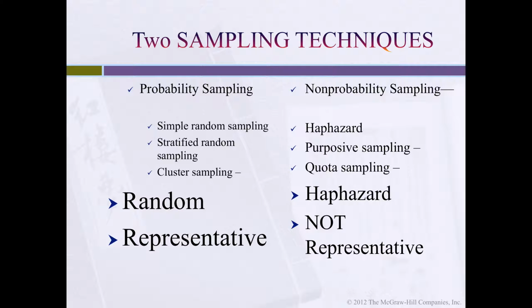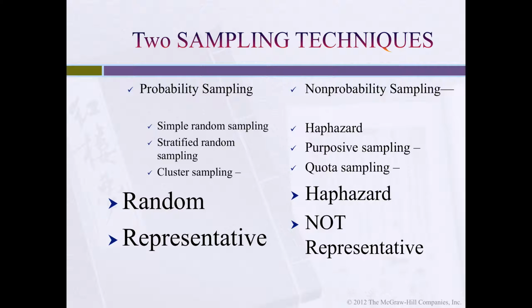For example, if I want to know how widely students look at mathematical learning, I may choose randomly from the whole university. But another way is I just choose people who I know.